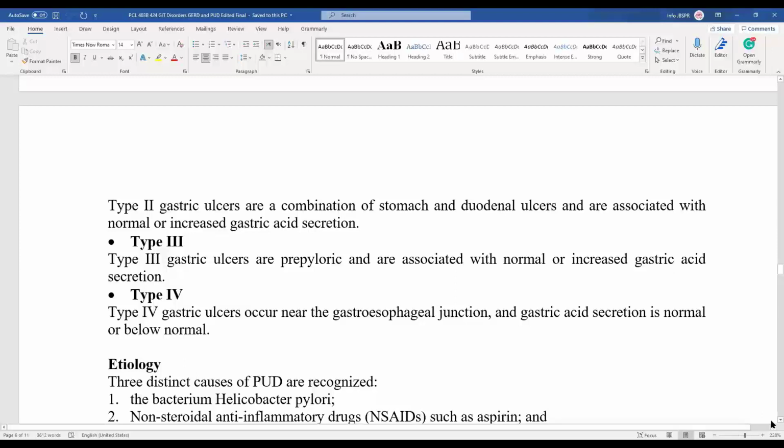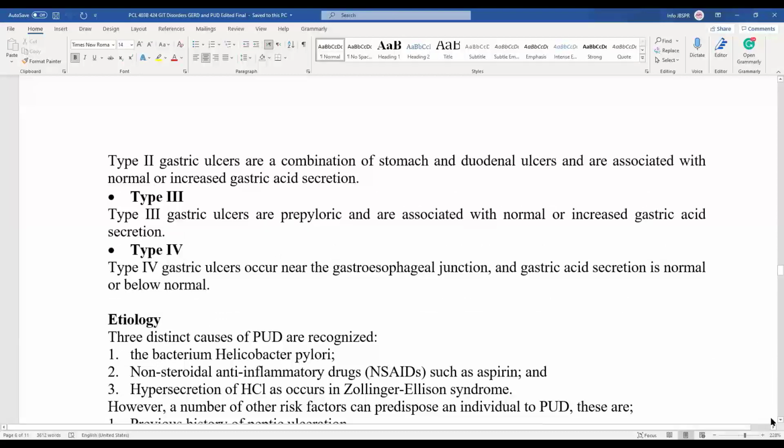This is telling us that there's complexity in ulcer formation. So the etiology involves 3 distinct causes.